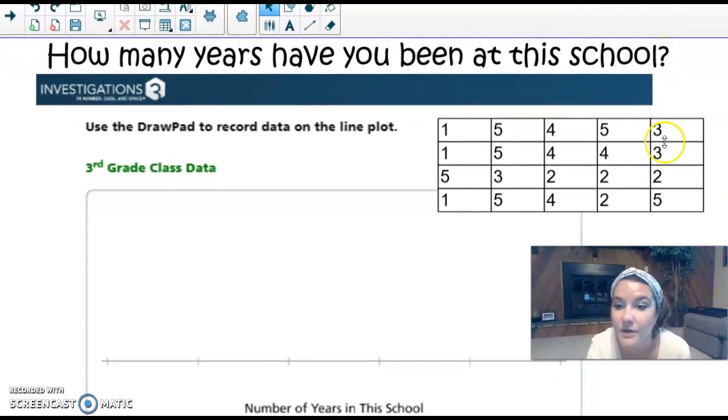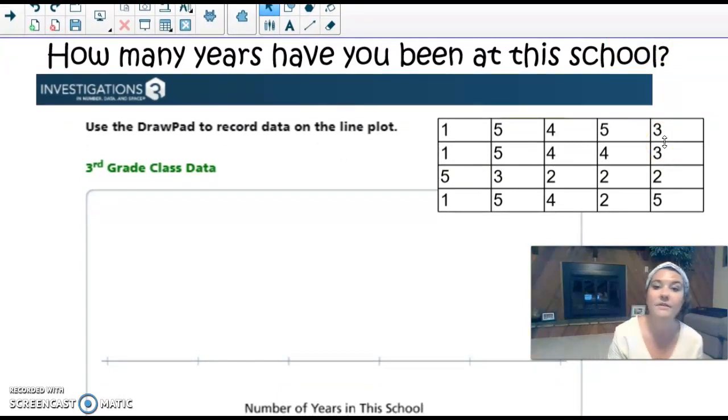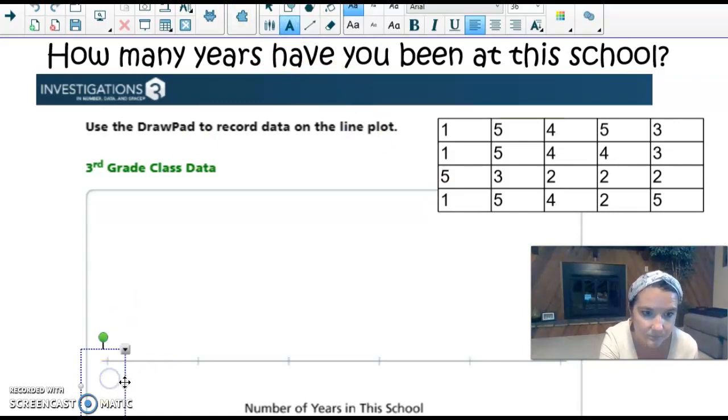That goes to that third math focus point of interpreting what the numbers and symbols mean. So down below, it's already labeled here that we are putting the number of years in this school. I noticed that my data, the highest number is 5 and the lowest number is 1. So I am going to go ahead and put those numbers in here.